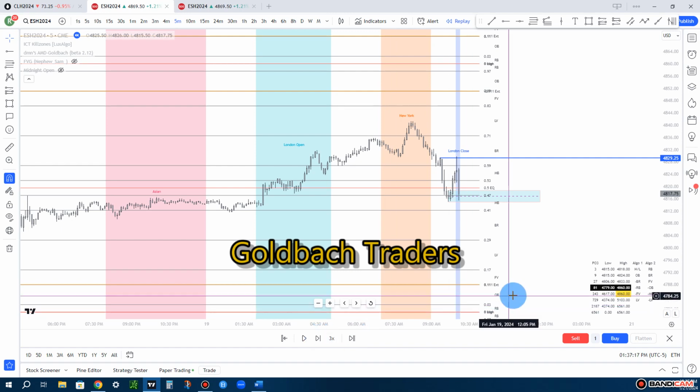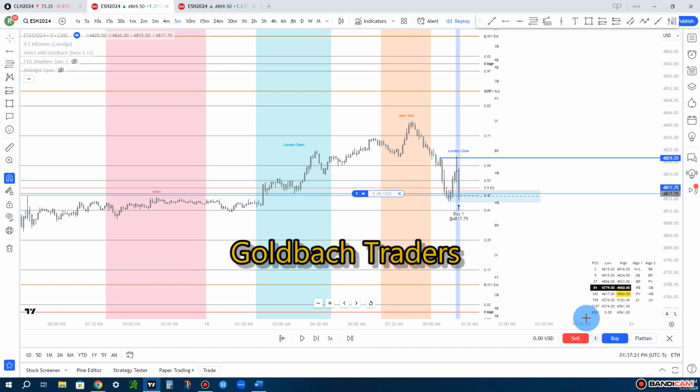Just for the sake of it, let's go ahead and hit buy on one contract. And let's put the stop loss below this mitigation block. But if it was going to hold, you could put it right below here. We'll put our take profit up here for now. Okay, let's advance.